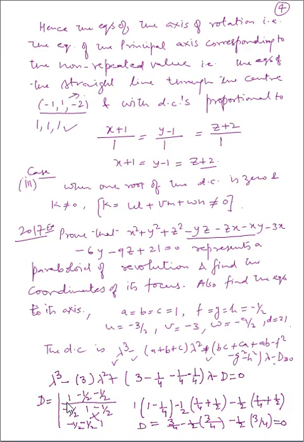So we get this equation, lambda cube minus 3 lambda square, then this becomes 3 minus 3 by 4, that is 12 minus 3, 9 by 4, into lambda is equal to 0. So this is the discriminating cubic.